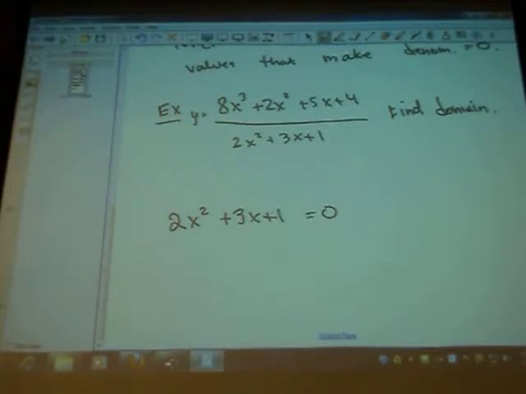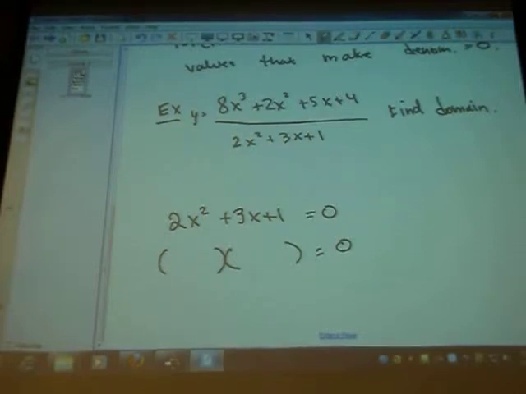So this will factor. It's actually going to factor to 2x plus 1 times x plus 1. Then I want to set those factors equal to 0.